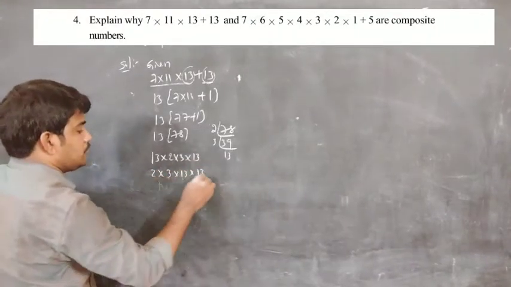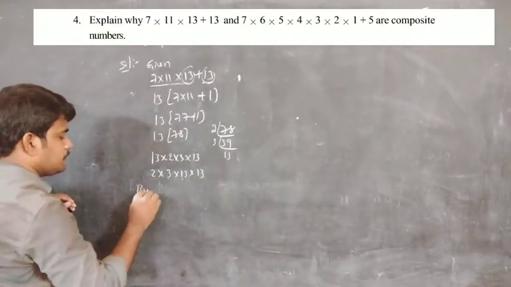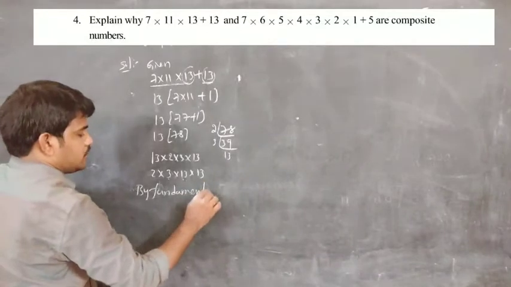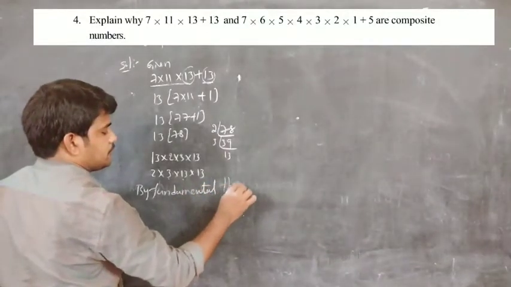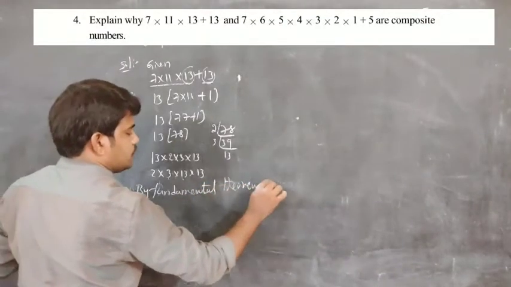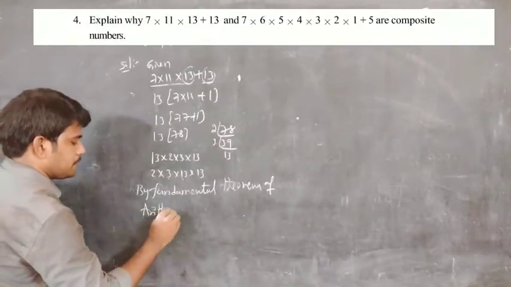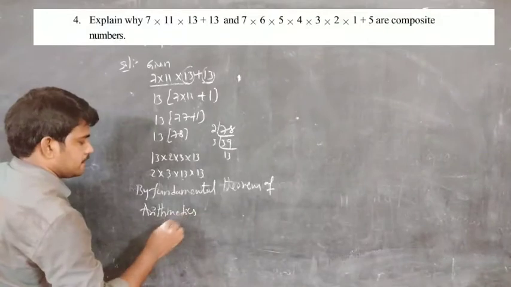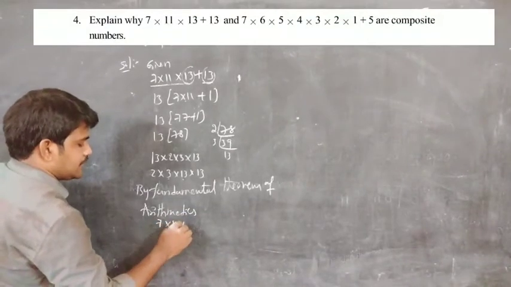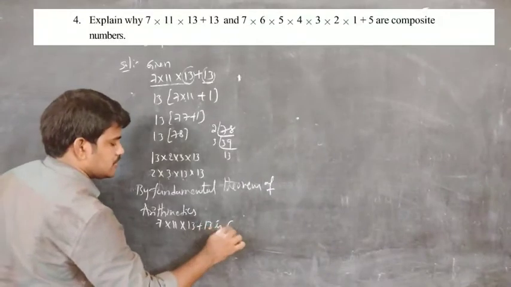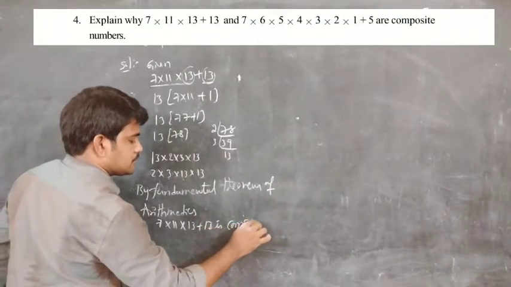So this is a product of prime numbers by the fundamental theorem of arithmetic. So 7 into 11 into 13 plus 13 is a composite number.